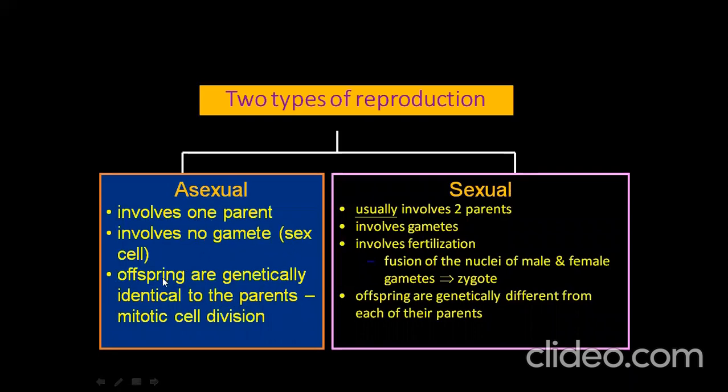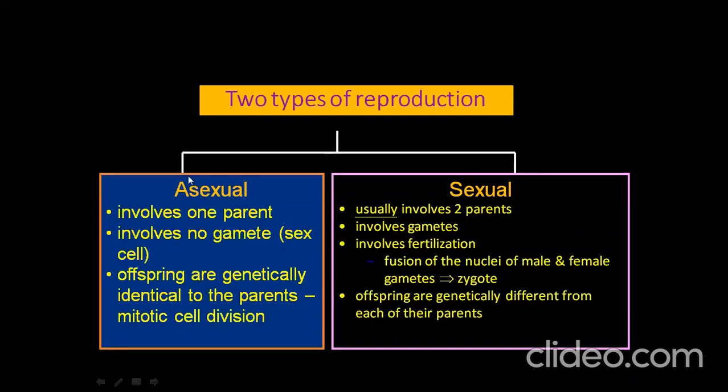And the offspring that are developed through asexual reproduction are genetically identical. Genetically identical means that the DNA is the same, there is no change. That offspring is similar to its parent. There is no variation. Why?